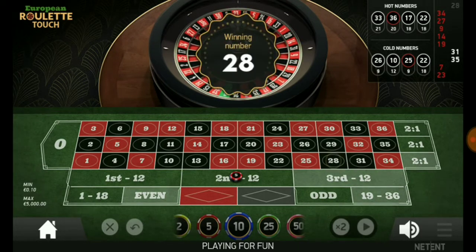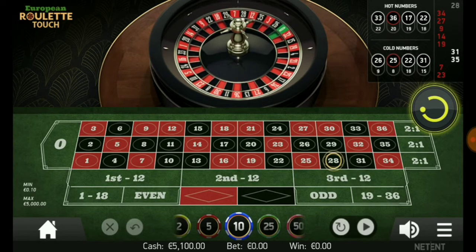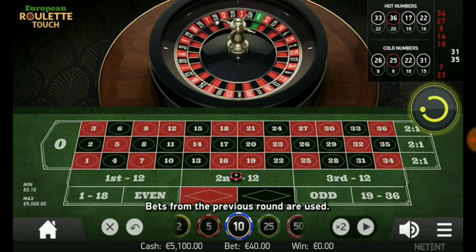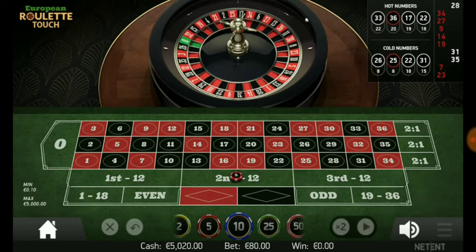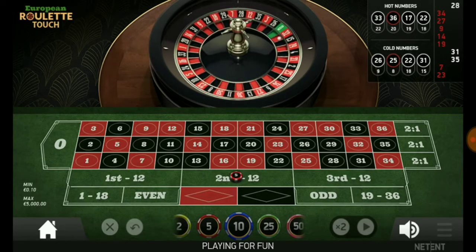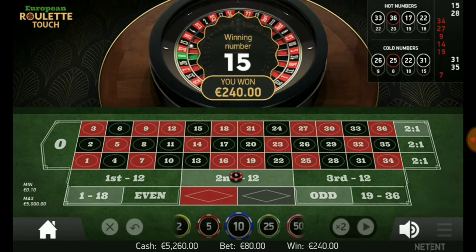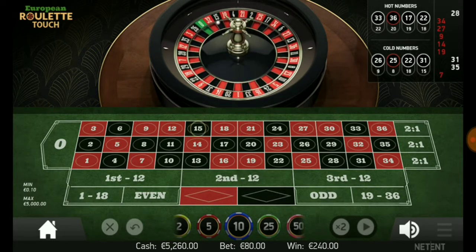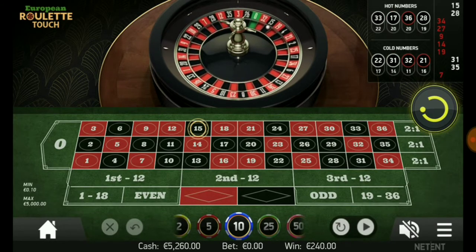The winning number is 28 black. The winning number is, that's it, 15 black.